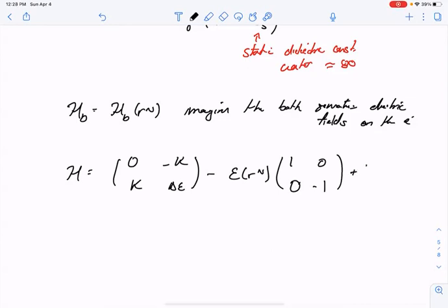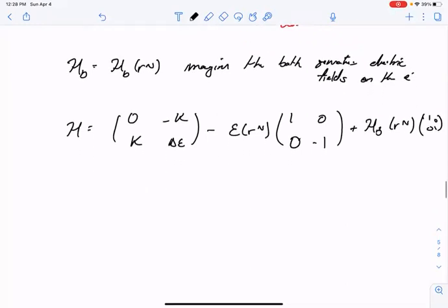And then we have some bath Hamiltonian that tells us how those electric fields are fluctuating. But that is diagonal in the electronic state spaces.